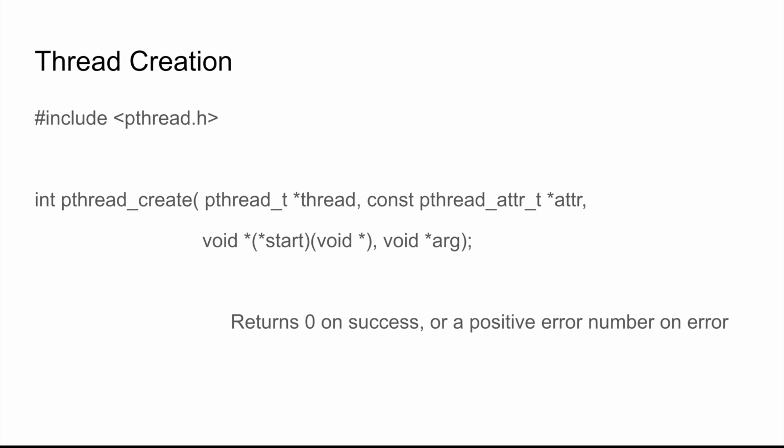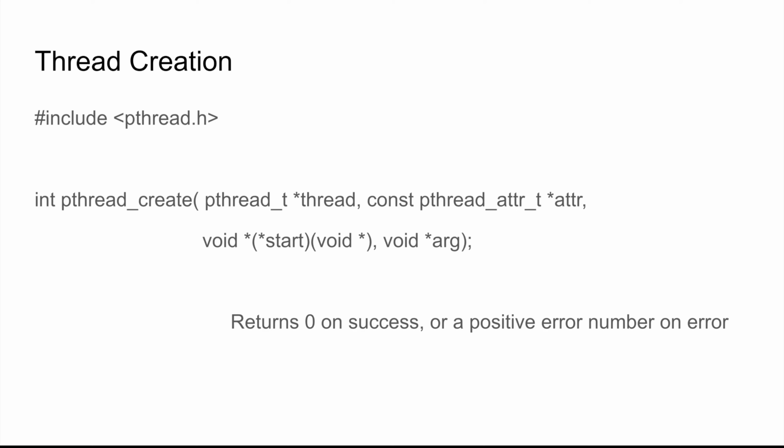The third argument is the thread function. This is the function that gets kicked off whenever the thread is created. It always returns a void star and always takes a void star as an argument. The fourth argument of the pthread create API is the void star argument that is passed to the thread function.